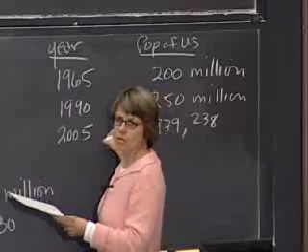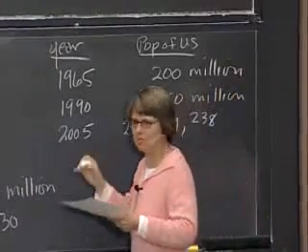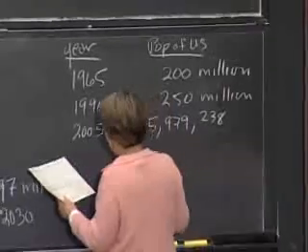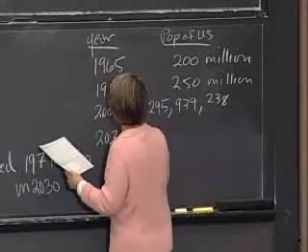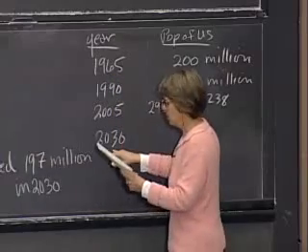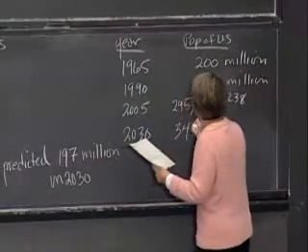This is also done by modeling. We're not counting the people one at a time, but this website is keeping track based on various models. And based on the models that we have today, in 2030, we should have about 345 million.